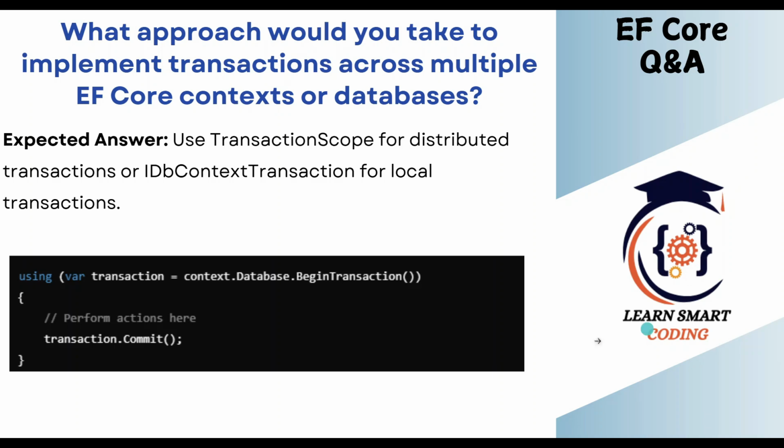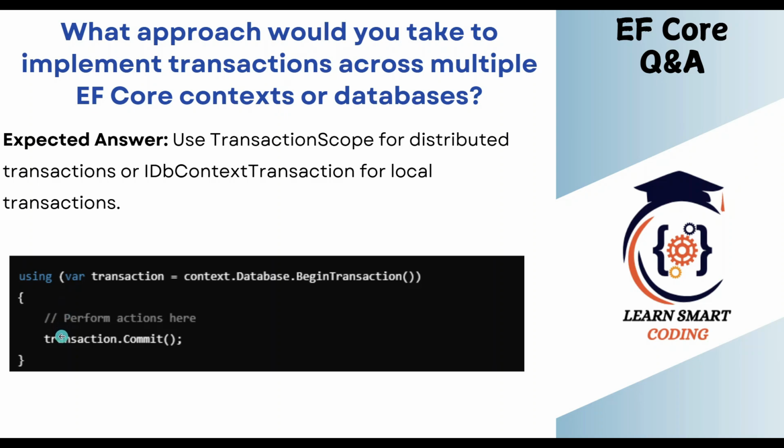If you look at this concept, we are starting a begin transaction within a scope. Whenever you use a using clause, anything within the curly braces is a scope. So we are starting a transaction, and this is the transaction variable. Let's say before this there are 10 lines of code which do some update, delete, or addition.